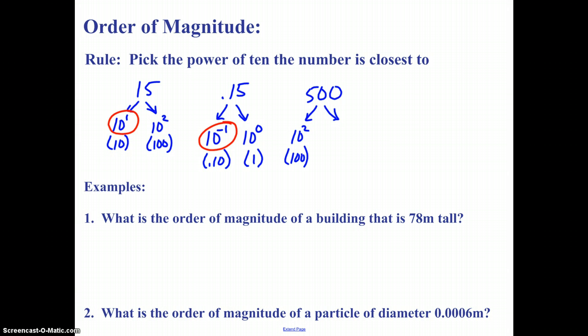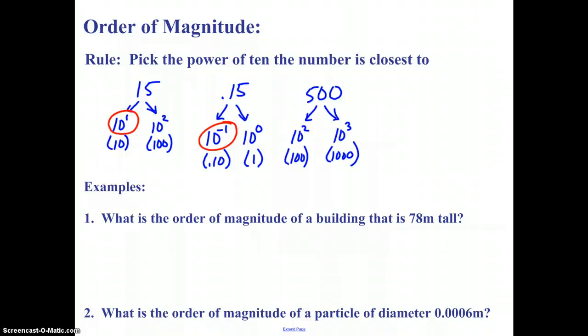And the power of 10 larger than 500 is 10 to the 3, which is 1,000. Okay, does 500 lie between 100 and 1,000? Yes. So we've correctly selected the high and low powers of 10 here. So which one is 500 closer to? What's the order of magnitude for 500? One might say, well, it's halfway, so we round up, so we would select 10 to the 3.